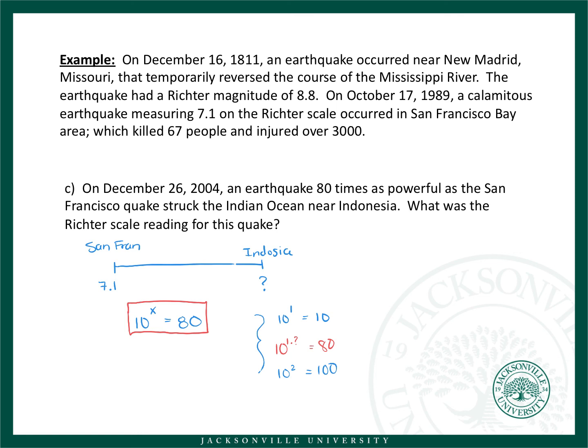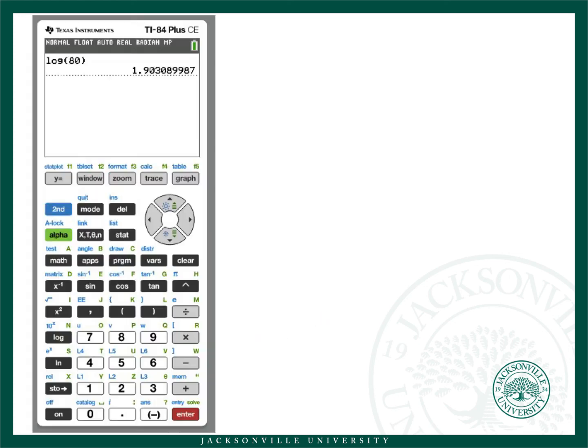We have an exponential equation here, and if I could rewrite this as something logarithmic, I would be able to solve for x. That's what we're going to consider in the next couple of slides: how can we use the definition of a logarithmic function to help us solve something that is exponential, like this problem?